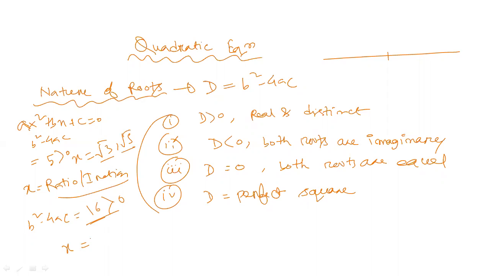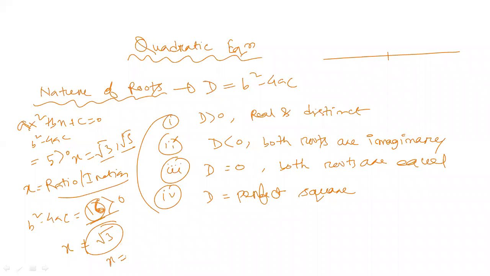But if it is a perfect square, then it is real, no doubt, and additional to this criterion, it will also be rational, only rational. That means it cannot be root 3, because root 3 is an irrational number. Up to this, is it clear to all of you? Yes, sir. If it is a perfect square, then the root must be rational.